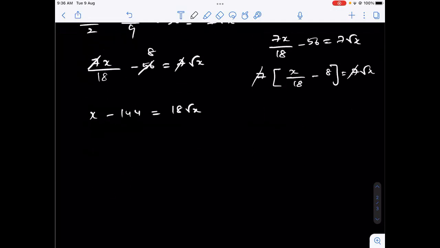Square on both the sides and then proceed. So x minus 144 the whole square is equal to 18 root x the whole square. Solve this and factorize. You will get the answer.